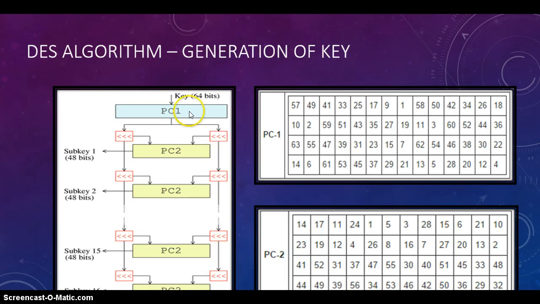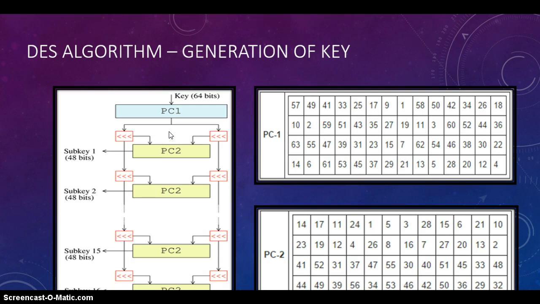As we can see in this diagram, we are going to have a key of 64 bits as an input, and this key will be permuted with the table PC1, and then this new permuted key will be split into halves.